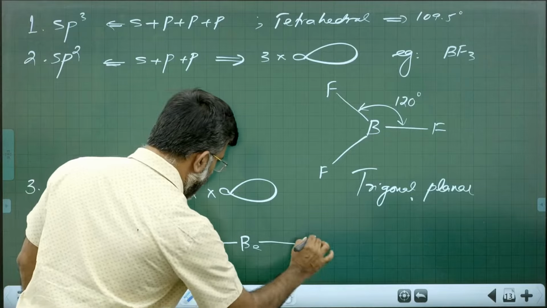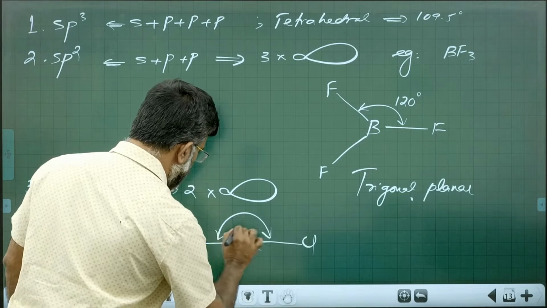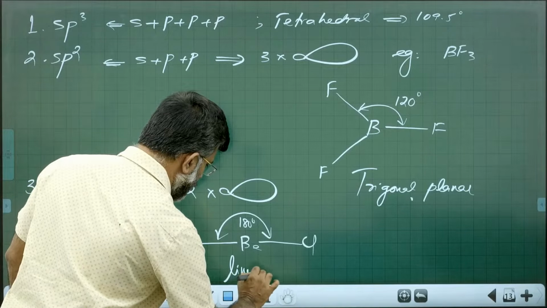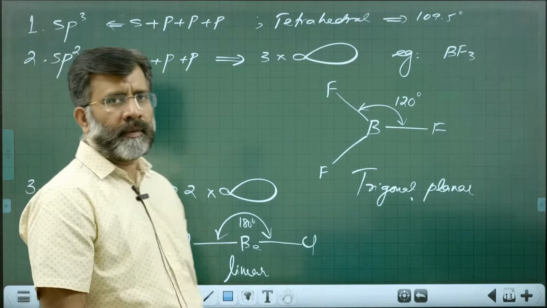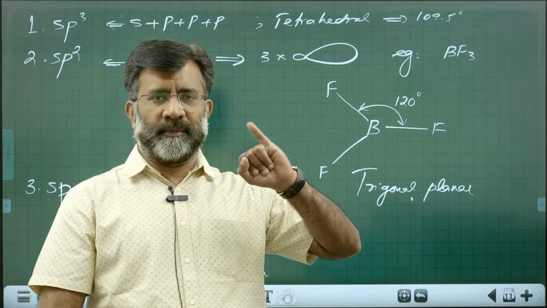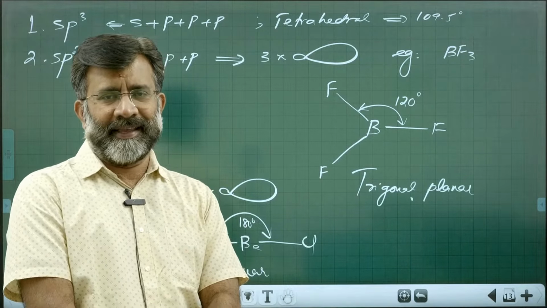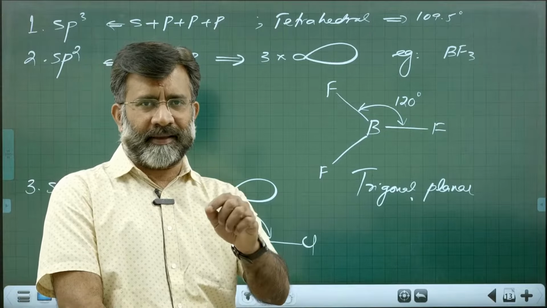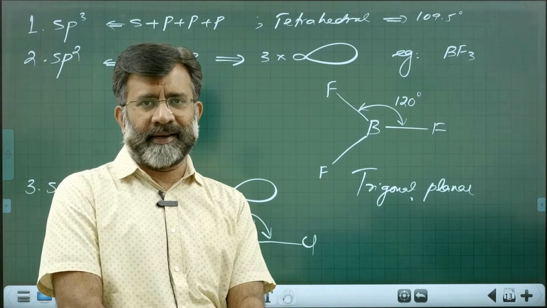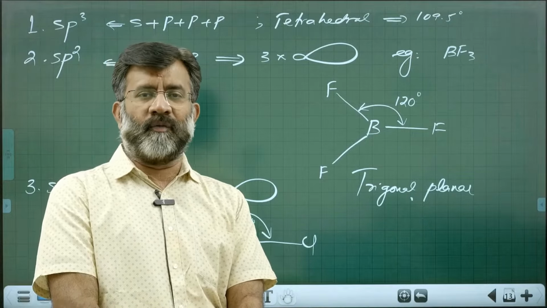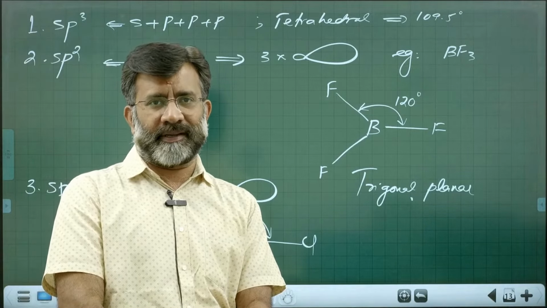You have chlorine and chlorine, making a bond angle of 180 degrees, and the molecule is linear. So sp hybridization, linear molecule, 180 degrees. sp2 hybridization, triangular planar, 120 degrees. sp3 hybridization, tetrahedral, 109.5 degrees.